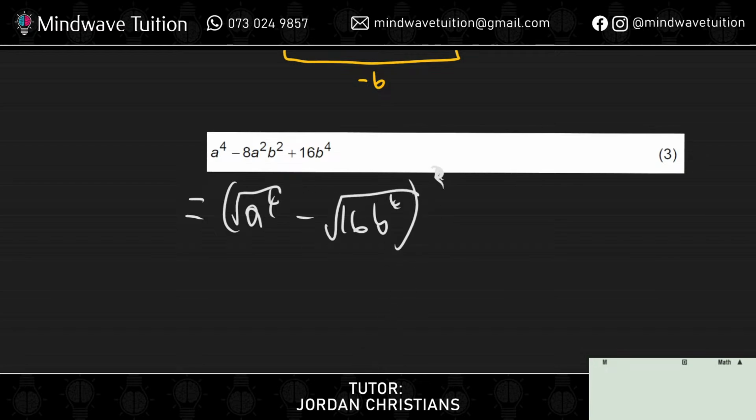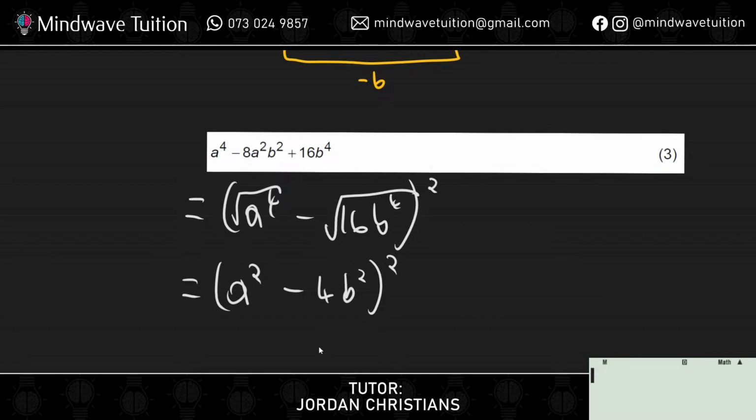And the reason why I'm doing this in white is that you can actually show this as you're working. So the square root of a to the power 4 will give me a to the power of 2, minus square root of 16 will give me 4, and b to the power of 4 square rooted will give me b to the power of 2, and that's all to the power of 2 there.